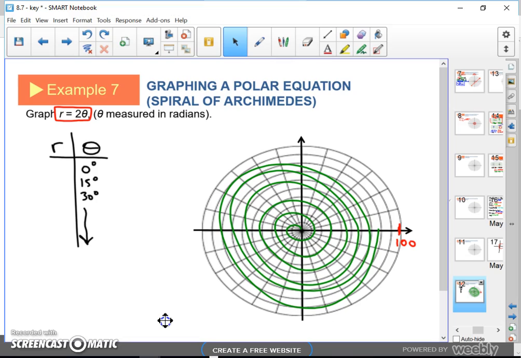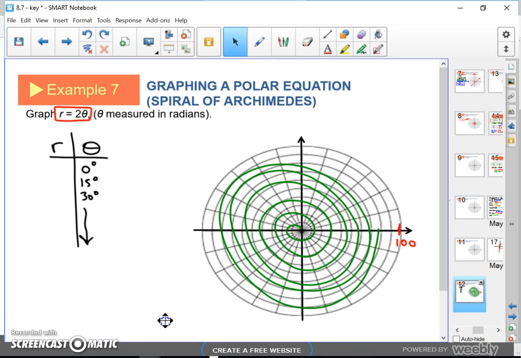That's not perfect by any stretch, but that's a decent indication of what it looks like. Feel free to take your time and do a little bit better job, but I'm not going to force you to be super accurate on that.